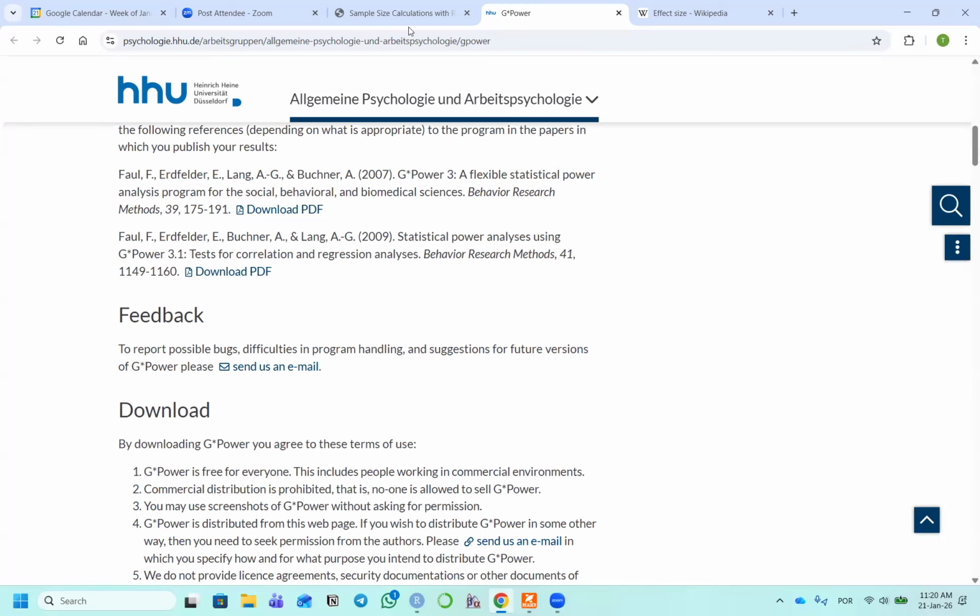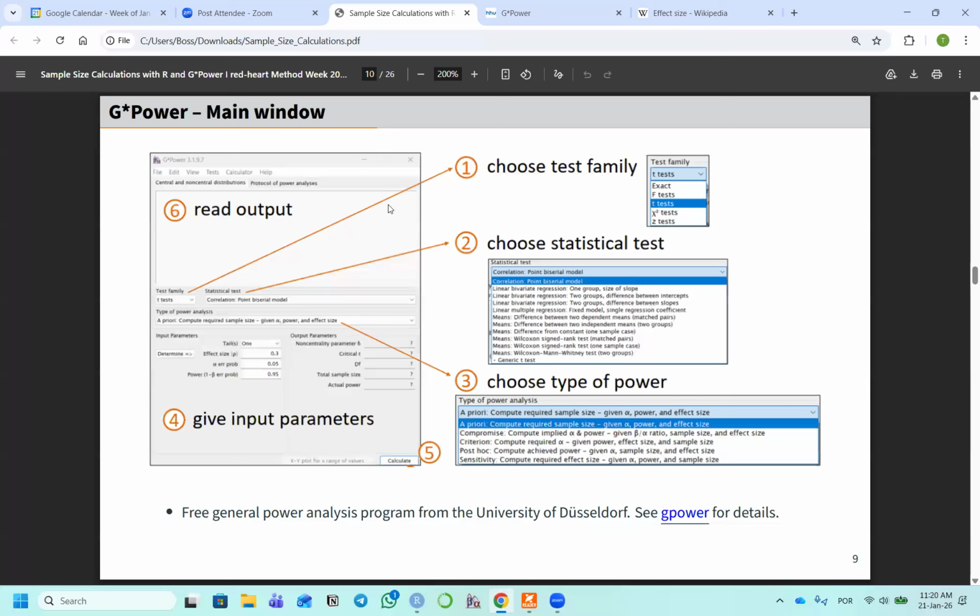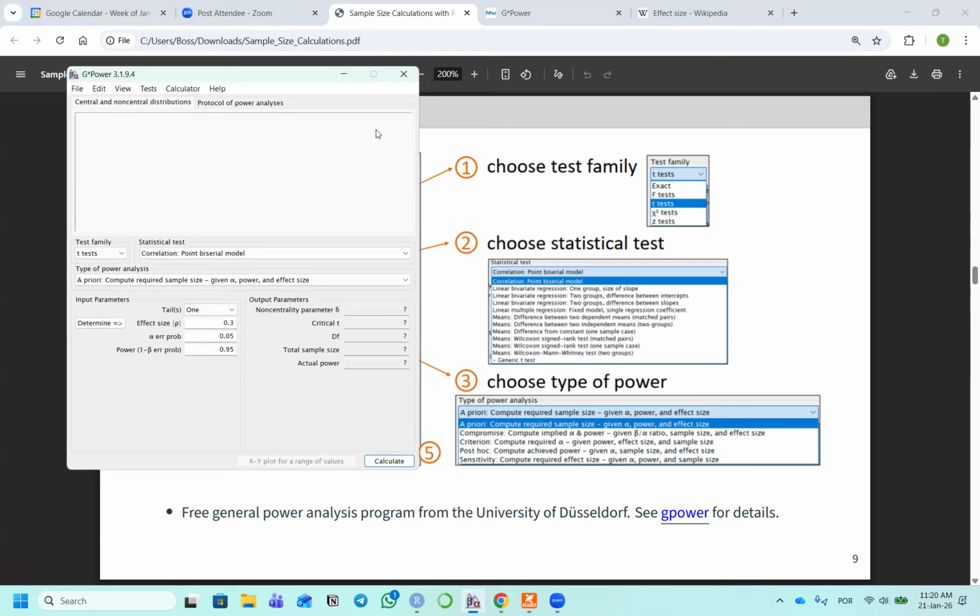This is the first main window that you find when you launch G*Power. I already installed it on my PC. If I click on G*Power, I get this page. There are some main components you should know.